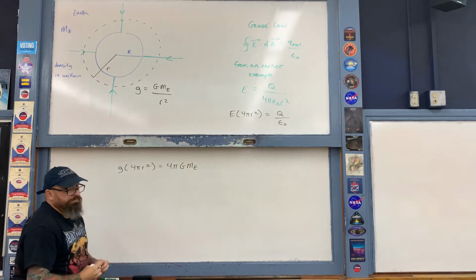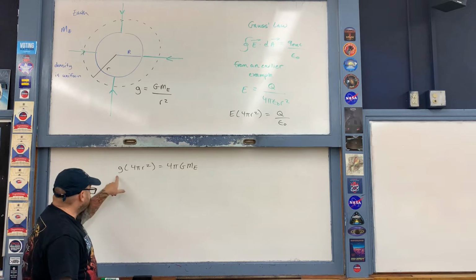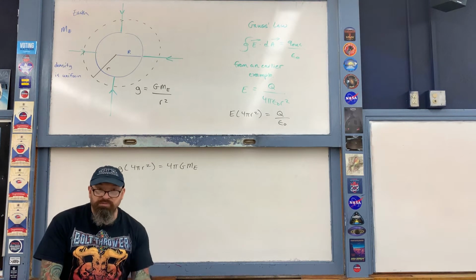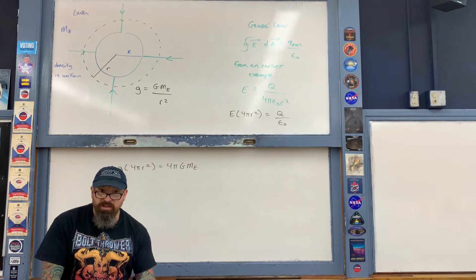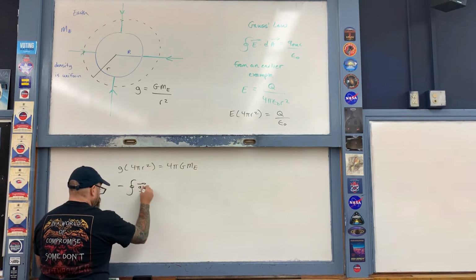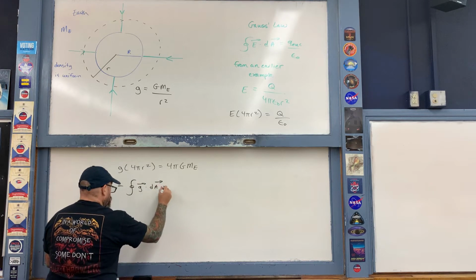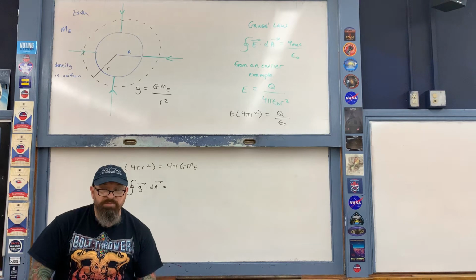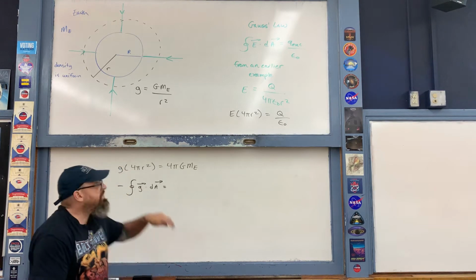Like this. Okay, and now let's go ahead and replace this right here with a flux integral. But with the flux integral, we have to include a negative sign. Like so. The reason for this is because the gravitational field on my top diagram is inwards towards the center of the Earth.